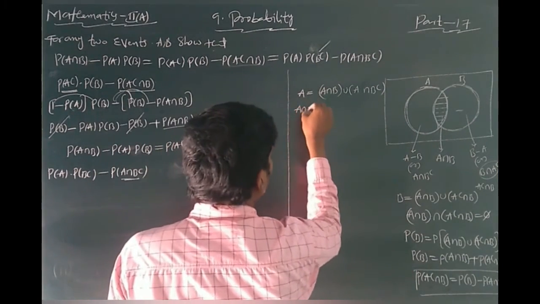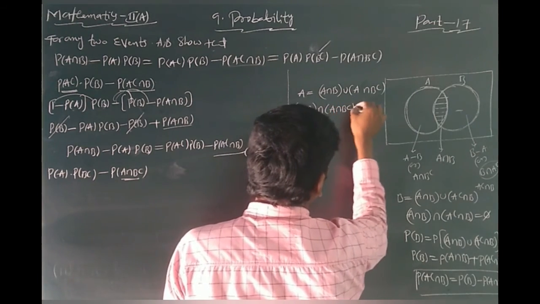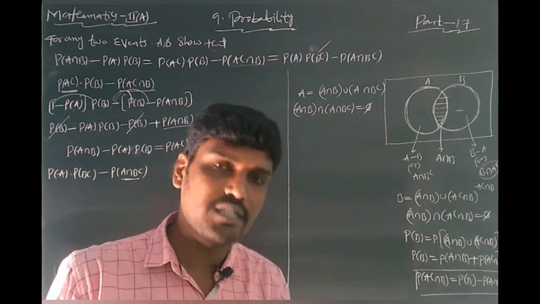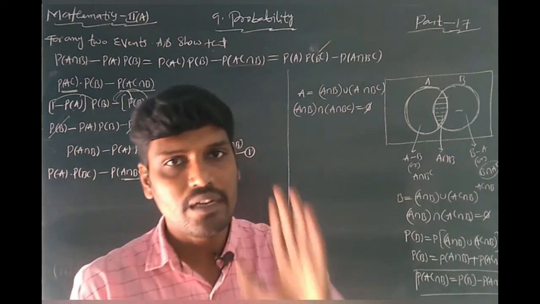Here A intersection B and A intersection B complement are both mutually exclusive events, so there is no common element in these two.